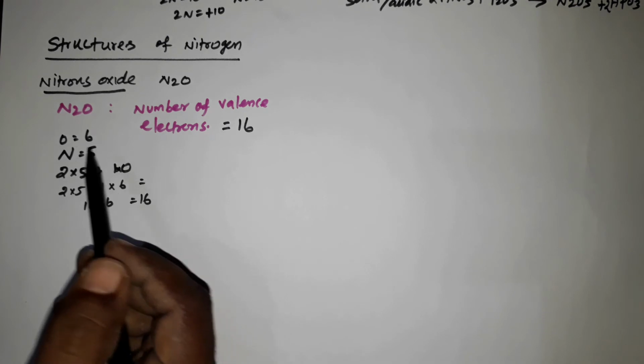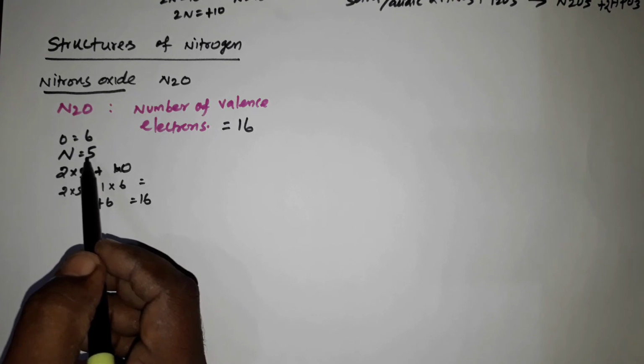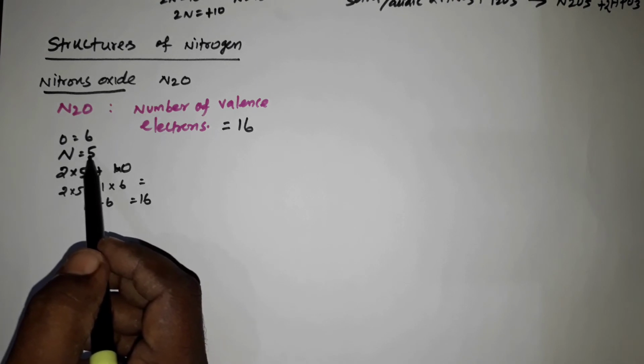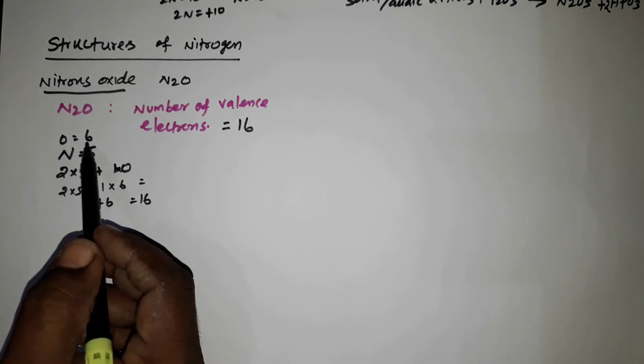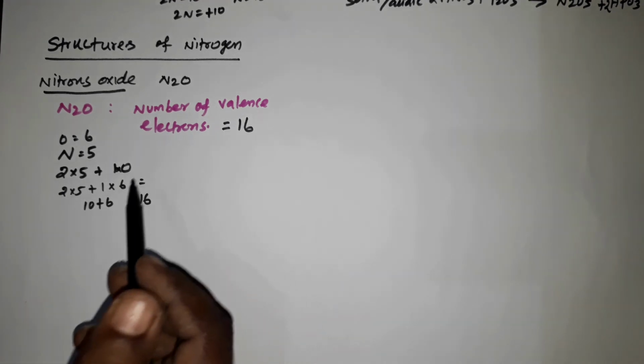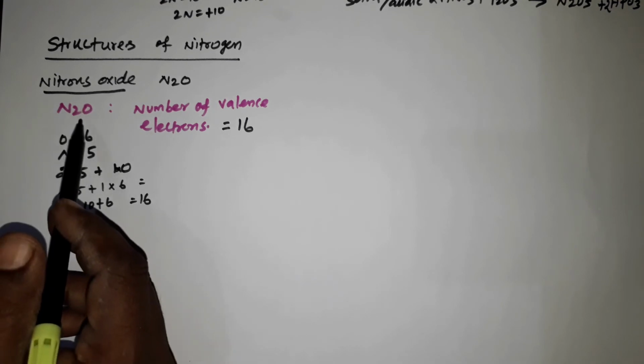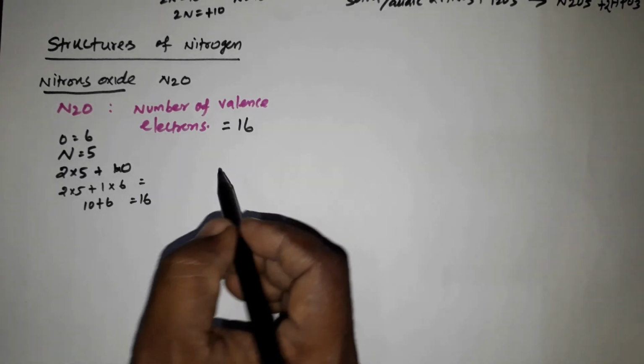Oxygen is 6th group, nitrogen is 5th group. So nitrogen has 5 electrons in its outer shell, oxygen 6 electrons in its outer shell. So total 16 electrons.